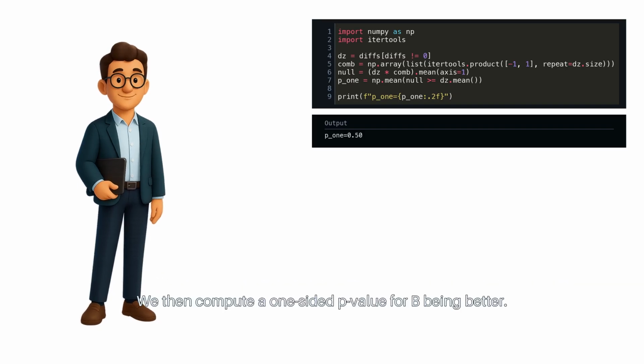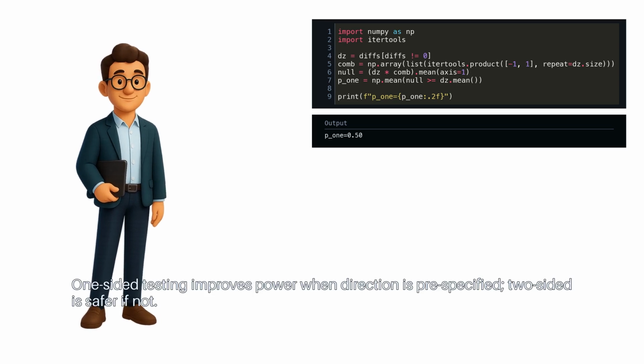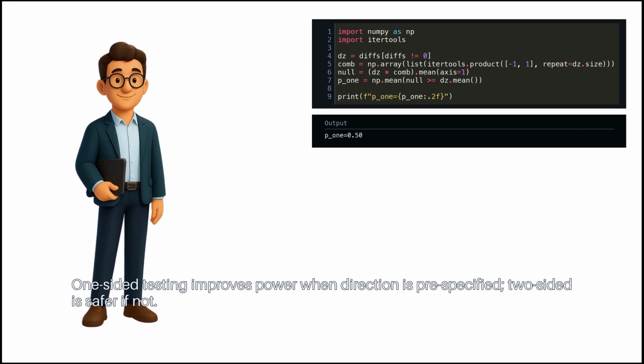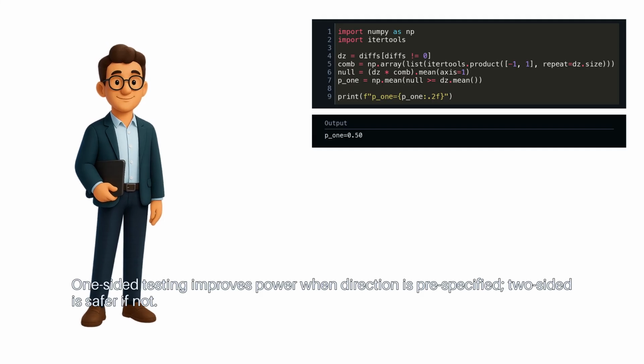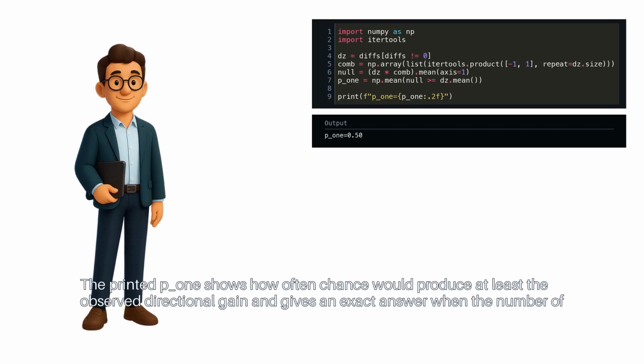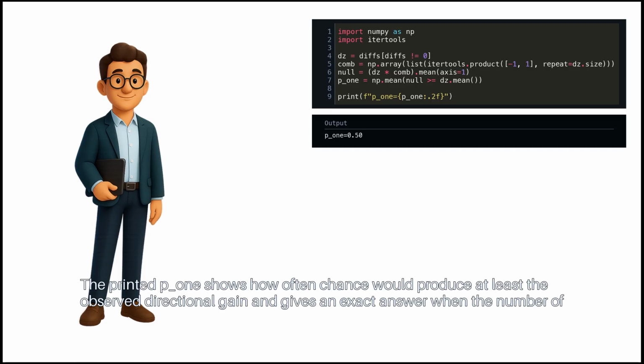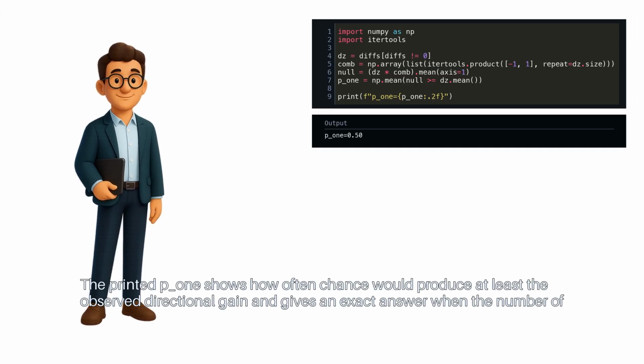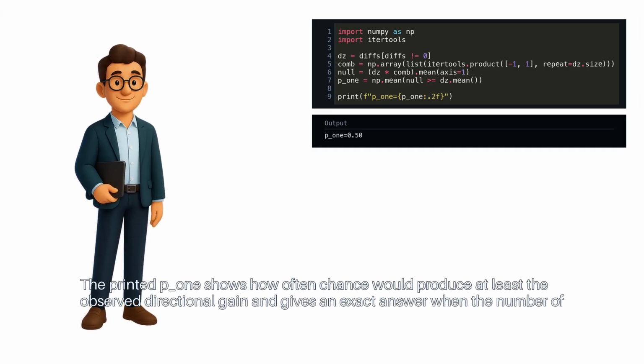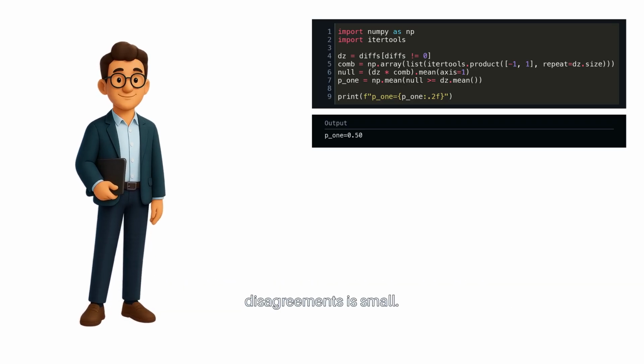We then compute a one-sided p-value for B being better. One-sided testing improves power when direction is pre-specified. Two-sided is safer if not. The printed P1 shows how often chance would produce at least the observed directional gain, and gives an exact answer when the number of disagreements is small.